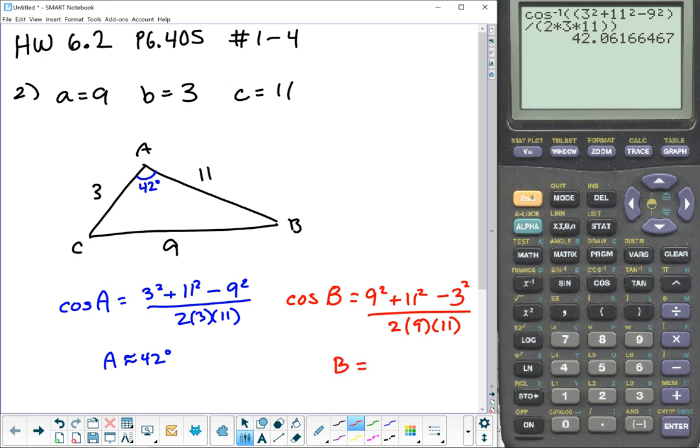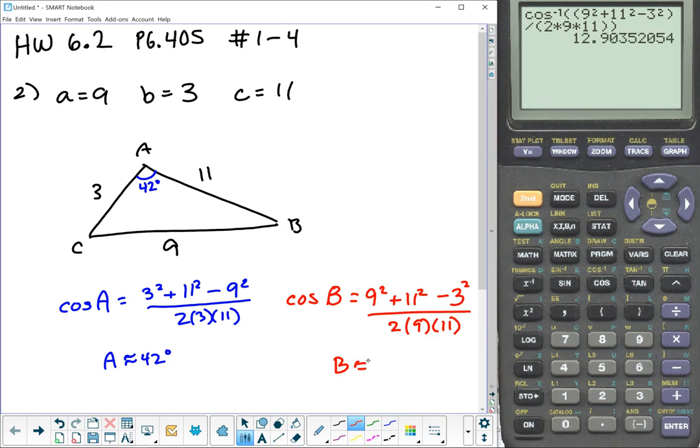And again, I'm going to do this in one fell swoop with the inverse cosine. Here, I'll clear it out. So it'll be parentheses 9 squared plus 11 squared minus 3 squared. Close that off. Divided by open parentheses 2 times 9 times 11. Close parentheses. Close the inverse cosine parentheses. And that gets you 12.9.